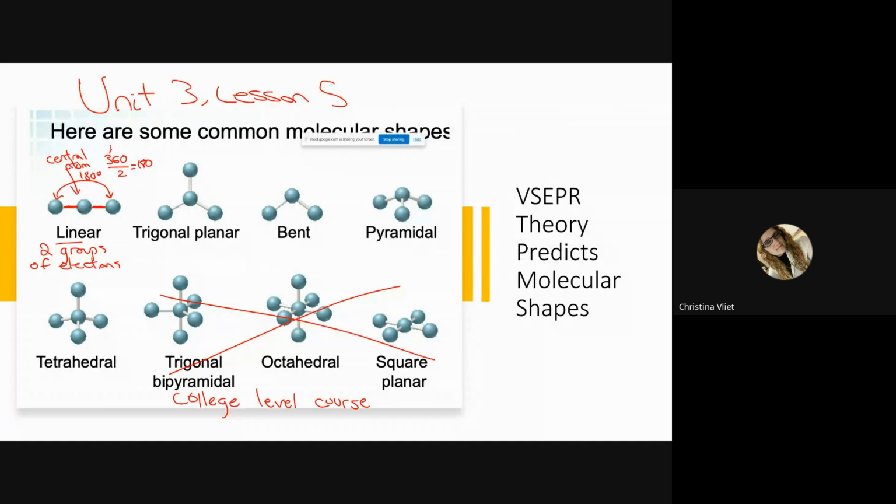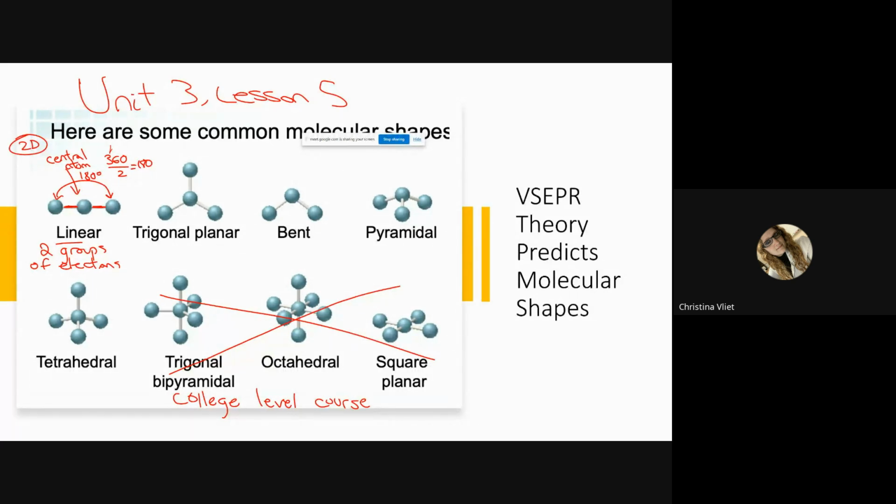Yes, it's a straight line. So write 2D on the side for you to know there's no third dimension here, it lies flat. So that's the first one. If you see one atom in the middle and two atoms around it, and there's only two groups of electrons, it's 180 degrees, and it's a straight line. That's the shape of the molecule.